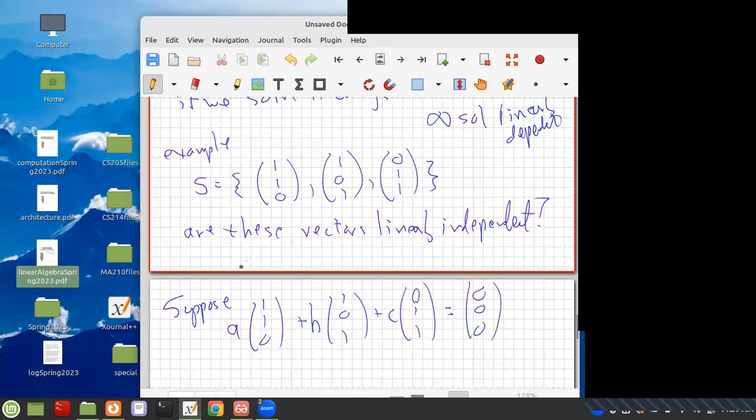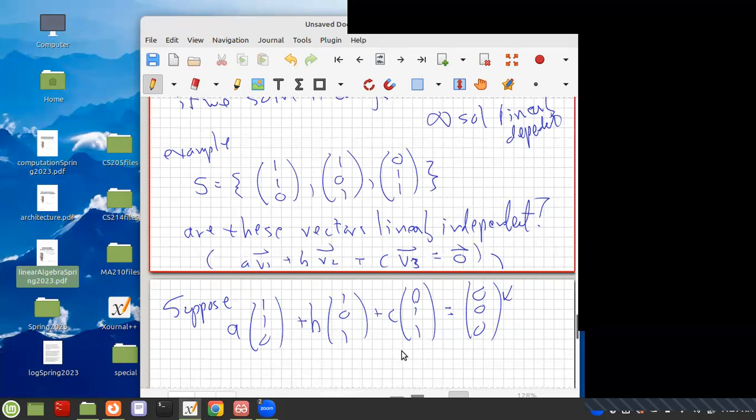Okay, that's my A v1 plus B v2 plus C v3 equals the zero vector. Okay, concretely. So we're supposing that because that's how we're going to prove it. Now our goal is to find out whether we can show that A, B, and C are zero.